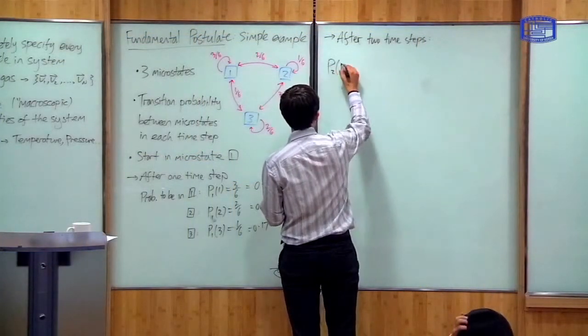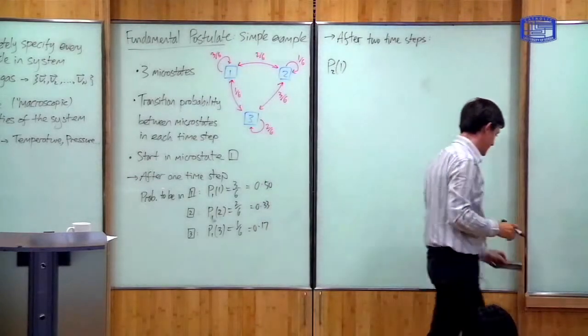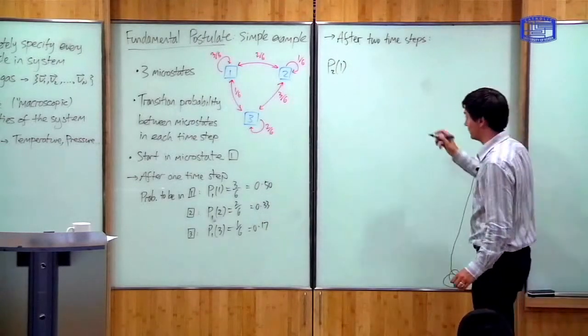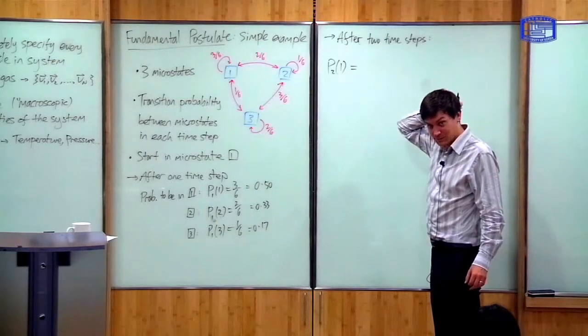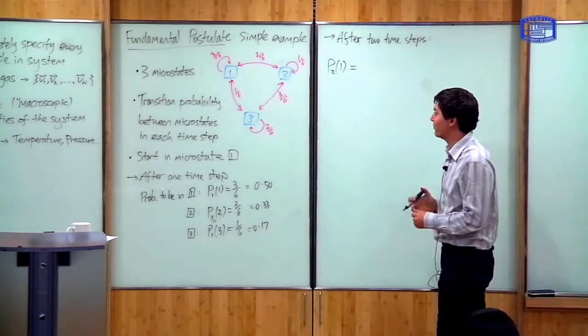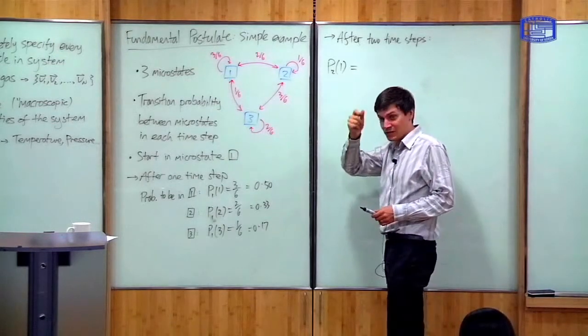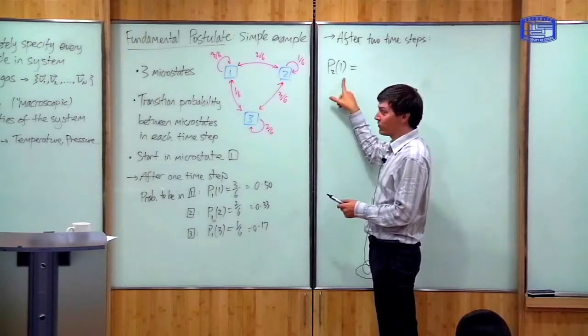Probability that after 2 time steps, I'm in state 1 is P1. Now this is a little bit more complicated because after 2 time steps, there are different ways of going into state 1.